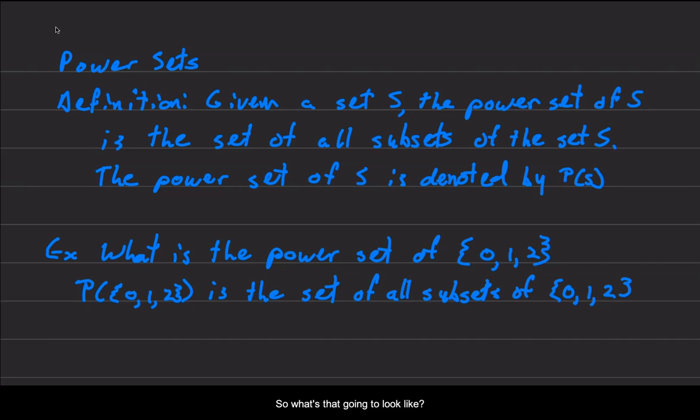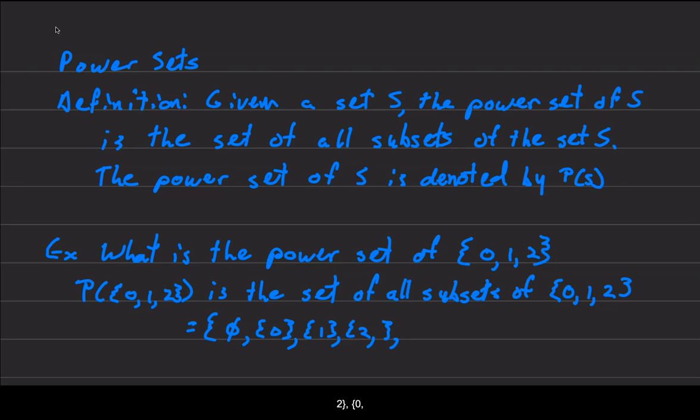So what's that going to look like? Well, it's going to be equal to a set, so we have to open it with curly braces there. Remember, all sets have two subsets, the set themselves and the empty set. So we start with the empty set, and then the set of the element 0 is one of them, the set of the element 1 is one of them, the set of the element 2 is one of them.